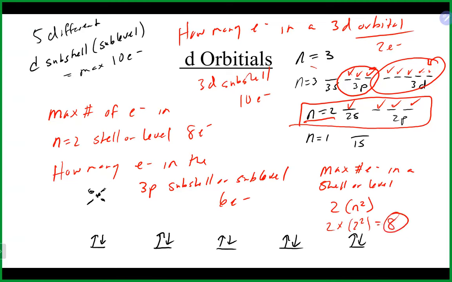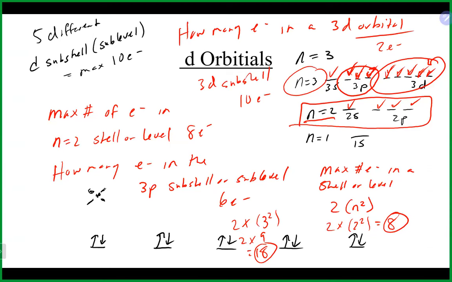We do our n equals 3. 3 squared times 2. That is 9 times 2, which is 18 electrons, which means on the 3rd energy level, 2, 4, 6, 8, 10, 12, 14, 16, and 18.